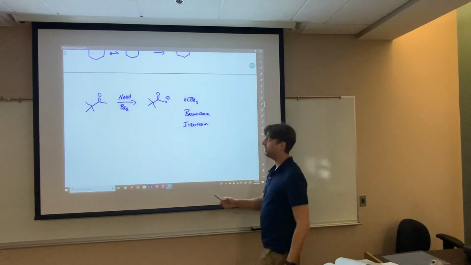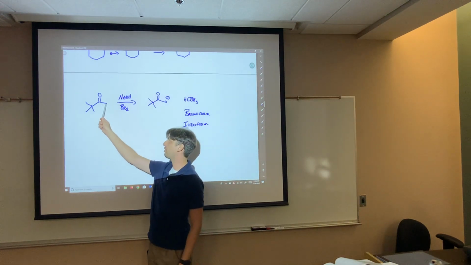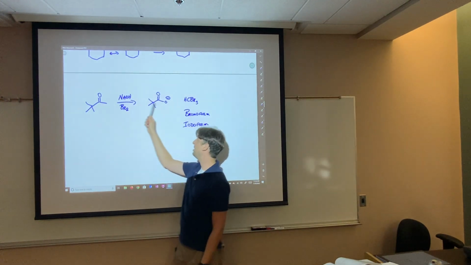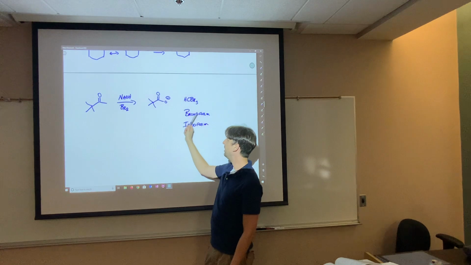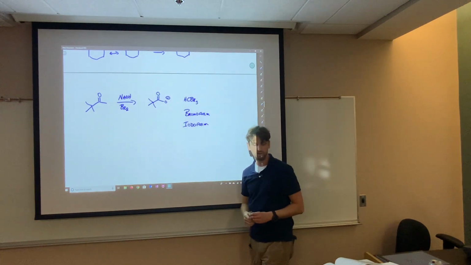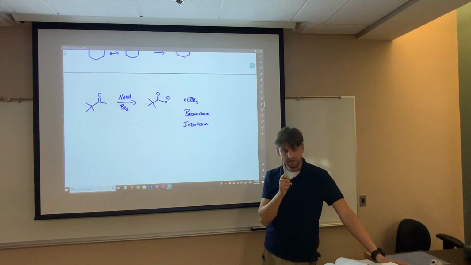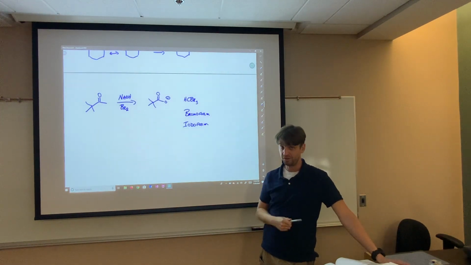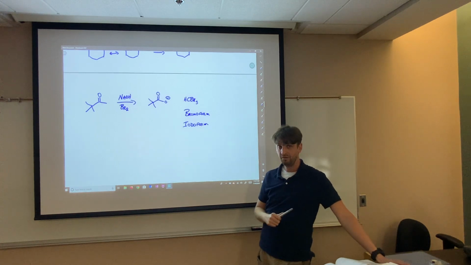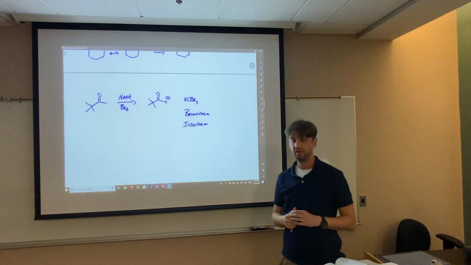What it'll do is end up taking methyl groups next to carbonyls and basically chewing them off and spitting off bromoform or iodoform. What would the mechanism be for this? Why does this work? A very good question, and I want you guys to figure it out. I'm not going to give you the answer right here.